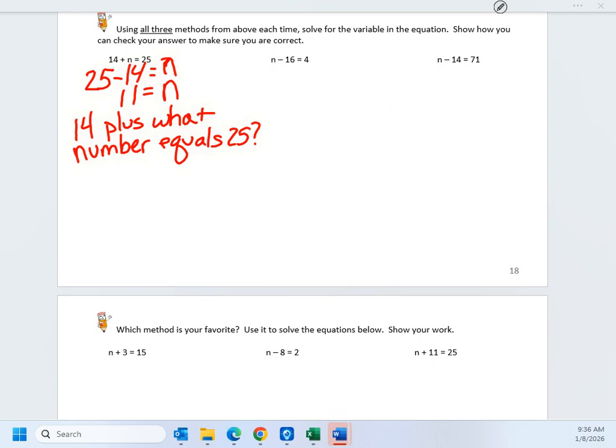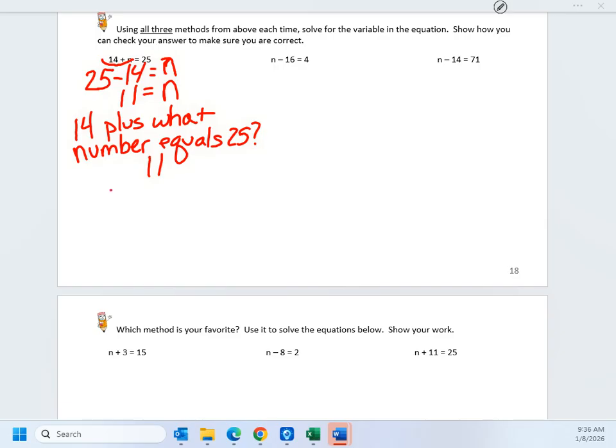So 14 plus what equals 25? Rhoda, 11. We get the same answer. When it's asking the question straight up, 14 plus what number equals 25? The fact family, Michael flipped it around to find the one that would give us the answer, 25 minus 14.